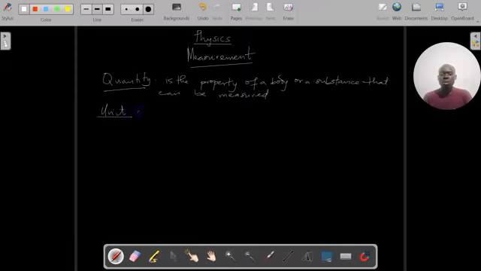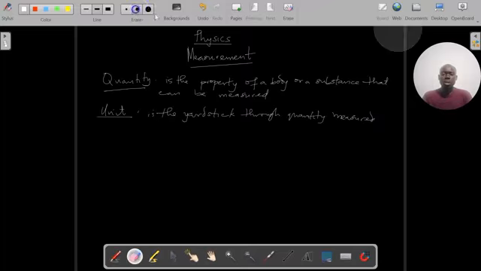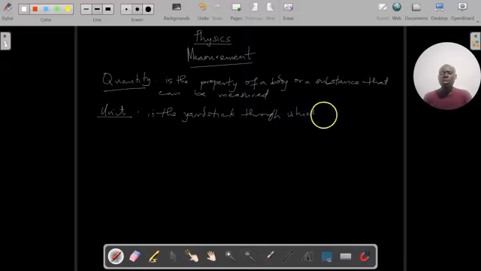Unit is the yardstick through which a quantity is measured.